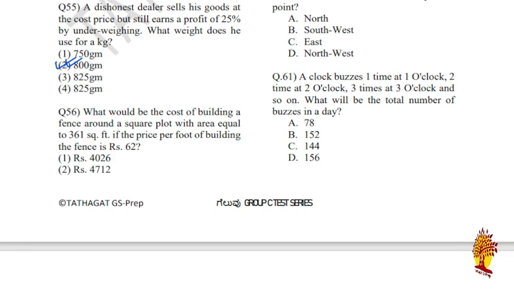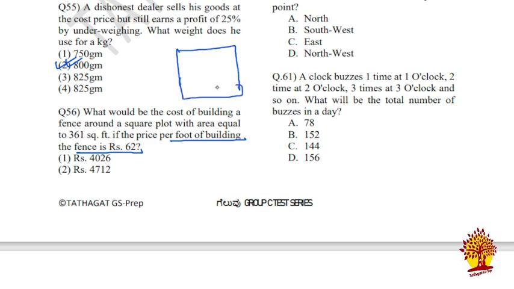Then what is the total price for building a fence if the price per foot for fencing is 62 rupees? Here they have given the area of the square as 361.